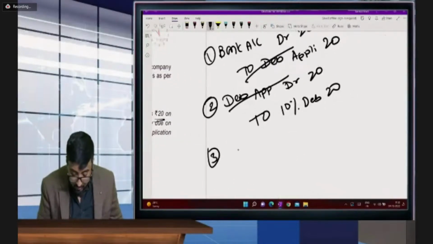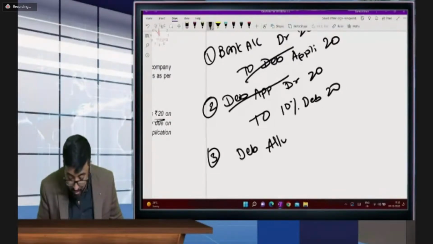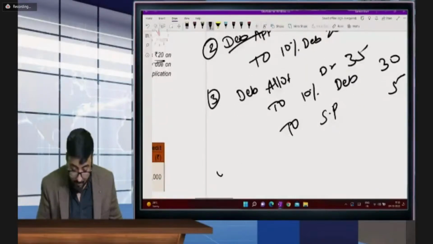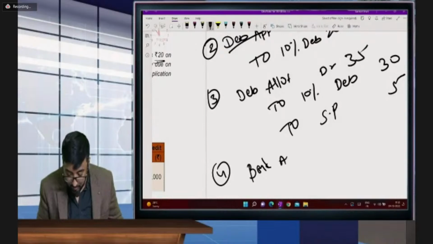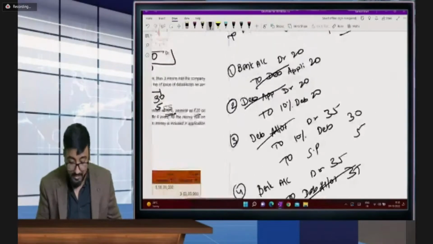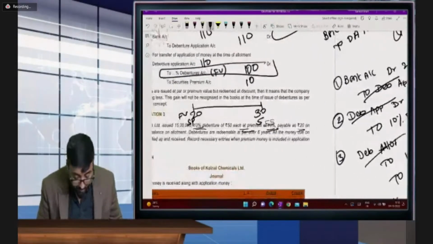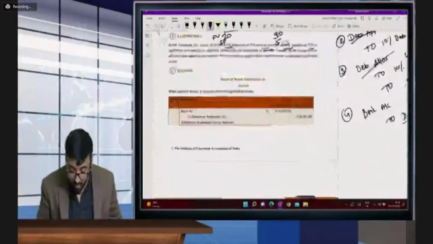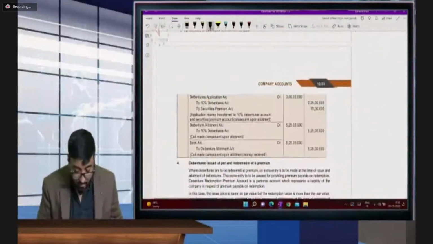Third one, debentures allotment account debit 35 to 10% debentures 30 face value, to security premium 5, and bank account debit to debentures allotment 35. Allotment will cancel and you have to multiply by how many debentures: 15 lakhs. You can see the entry 15 lakhs into 23 crores.